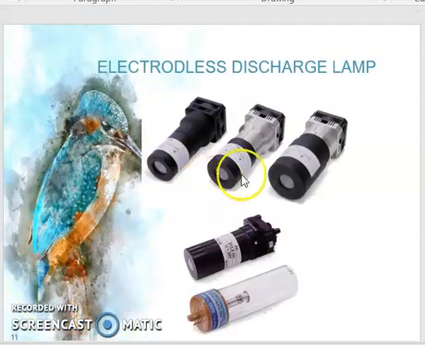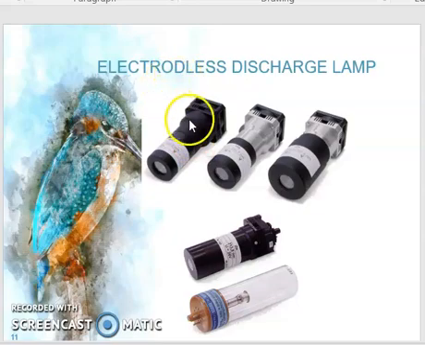Okay, this is the electrodeless discharge lamp. Same, the hollow cathode lamp and electrodeless discharge lamp are used for atomic absorption spectroscopy. Dia lampu dia samalah macam mentol. Kalau kamu pernah tengok mentol dalam kereta ke apa ke, mentol dia macam ni lah. Cuma dia letakkan casing dekat hujung kat sini untuk radiation to pass through.